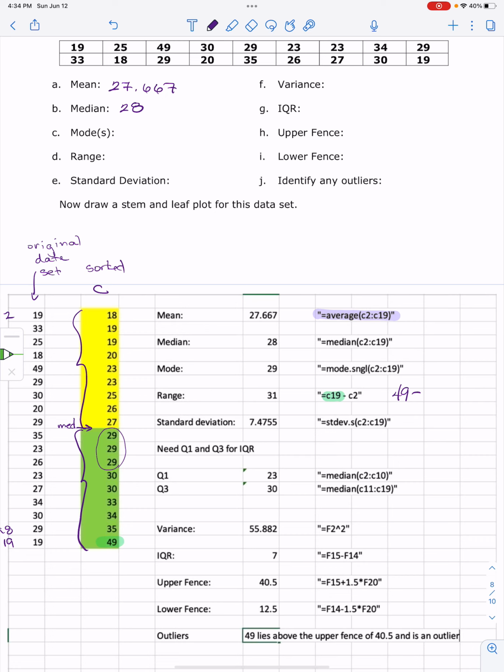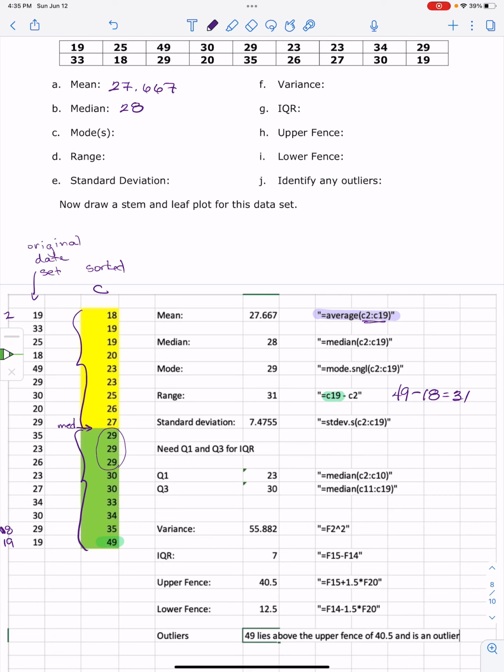This is 2. So when you take a look at what this says, C2 to C19, I literally just clicked on that top, dragged all the way down so Excel knew that we were using all of these values. So here for the range, I clicked on C19, I subtracted C2, we get a range of 31.